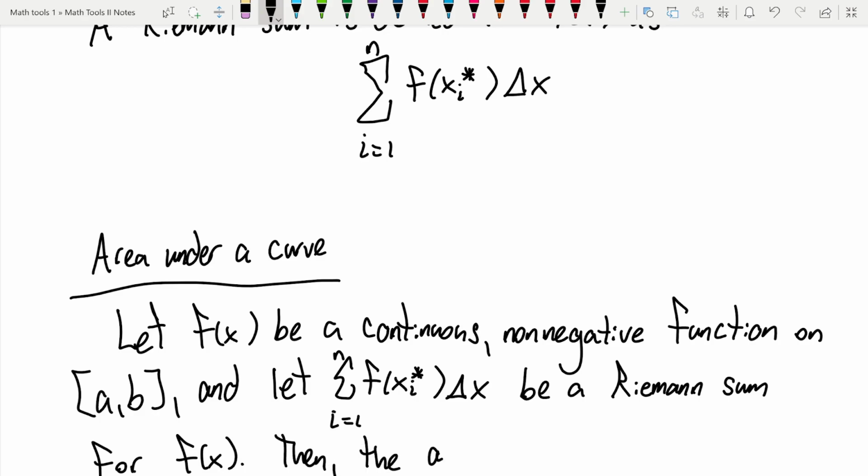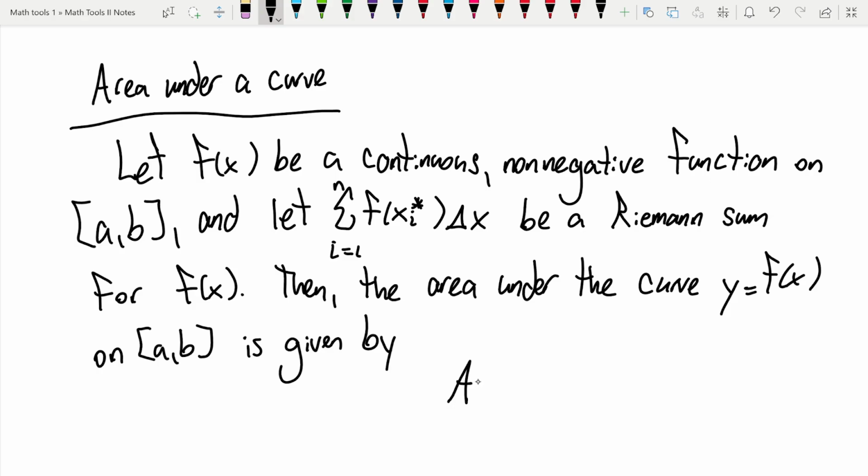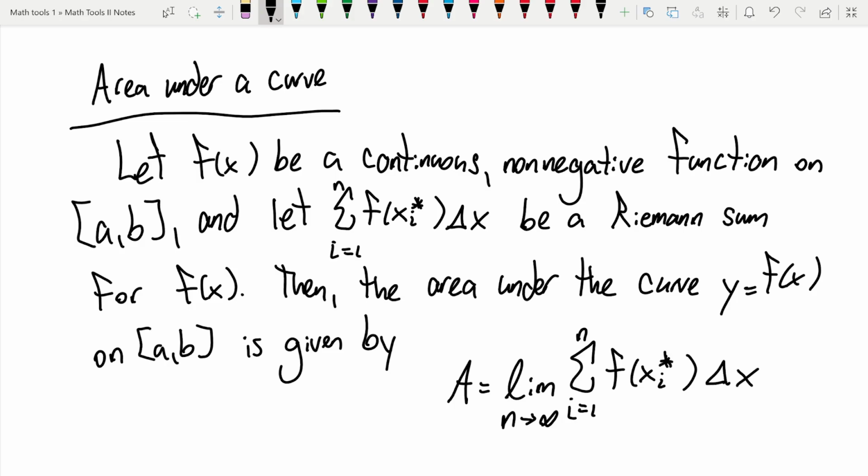Then the area under the curve y equals f of x, okay, on [a, b] is given by A equals the limit as n goes to infinity of the sum from i equals 1 to n of f of x_i star times delta x.